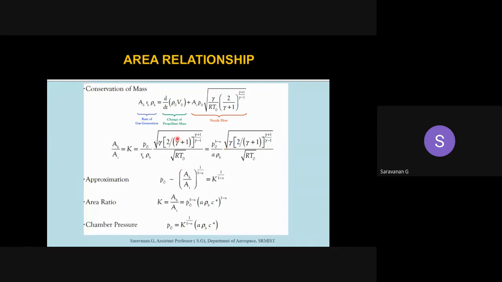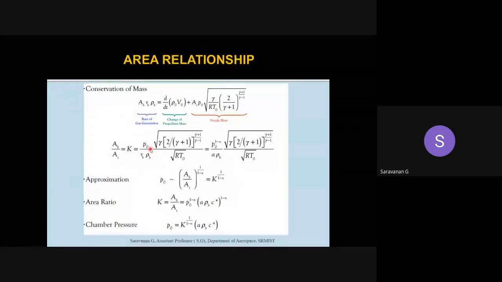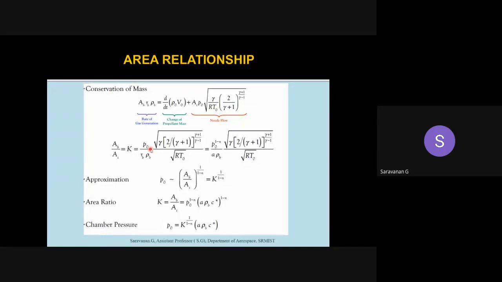Again, rearranging, you substitute r = a·P_c^n. P_0 is nothing but P_c, the chamber pressure; it is the stagnation pressure of the chamber, the same as always in air-breathing or rocket propulsion. So P_0 and P_c are the same.